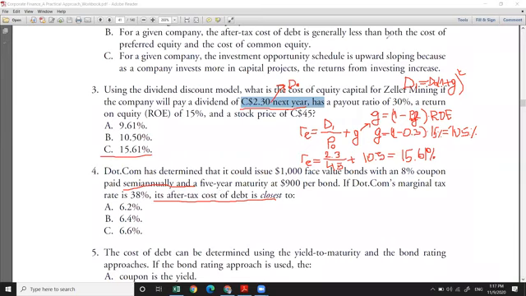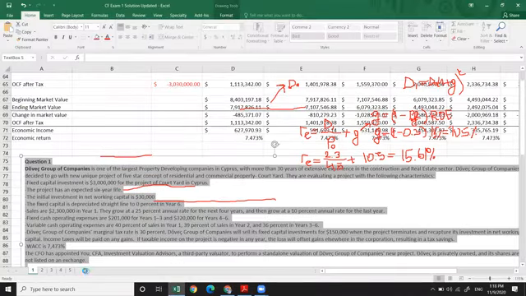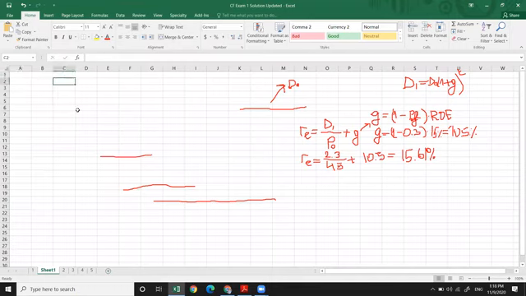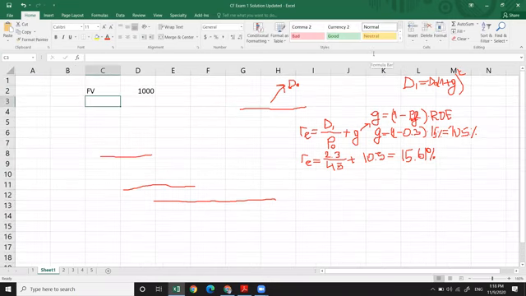So what we'll do here, we're given face value as 1,000. The present value we're given as 900.